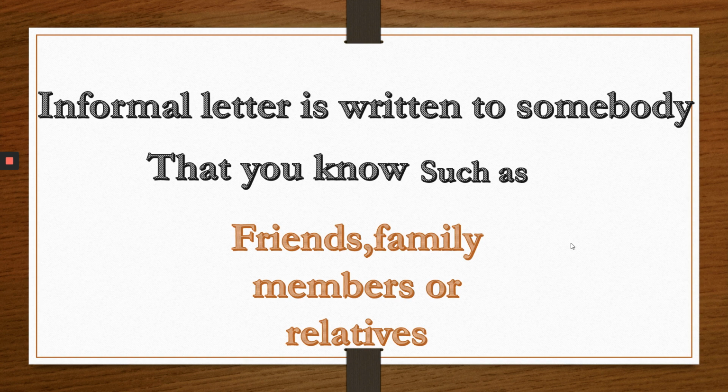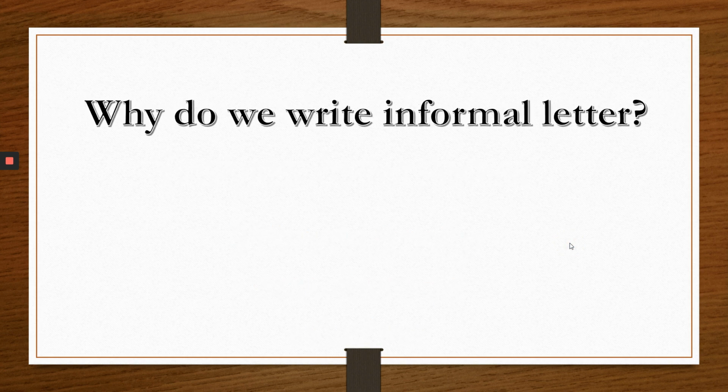If you write to one of your family members, like your father, mother, brother, sister, you should use an informal letter. Or even if you want to write to one of your relatives, you will use an informal letter. But before you decide, you should know why we write an informal letter.